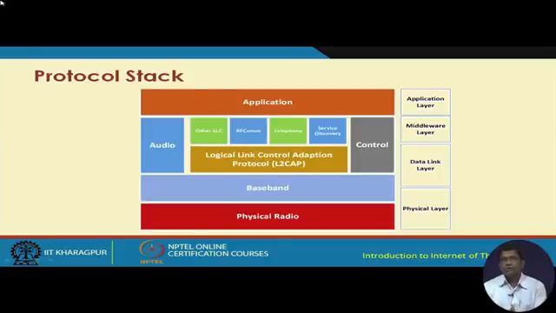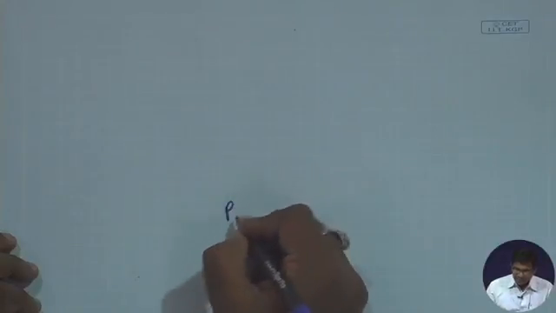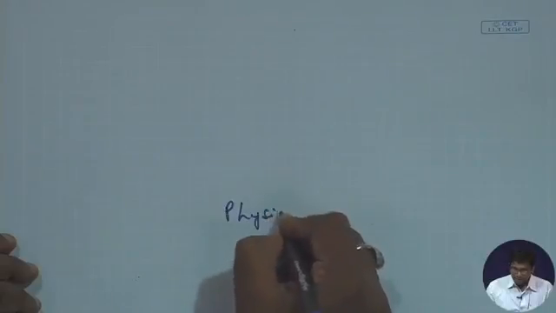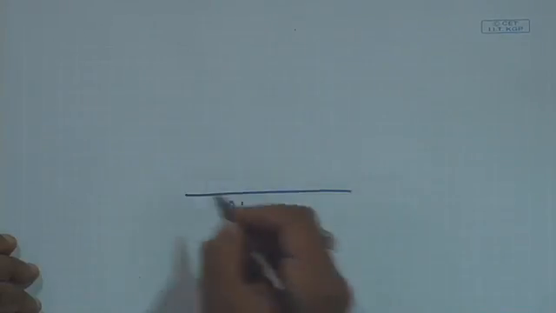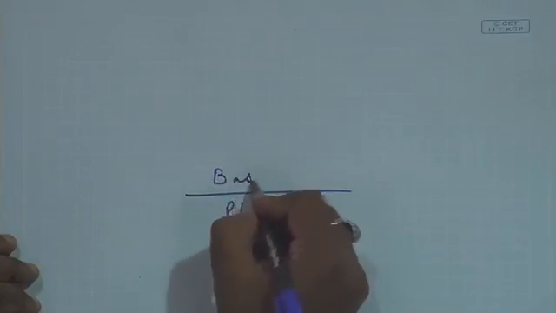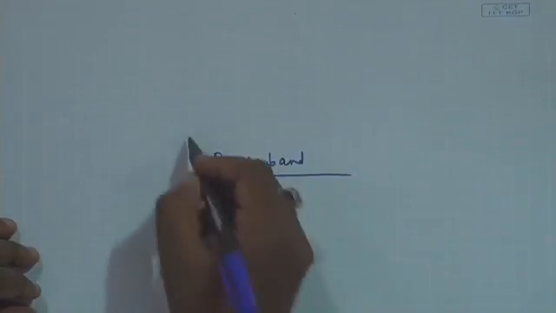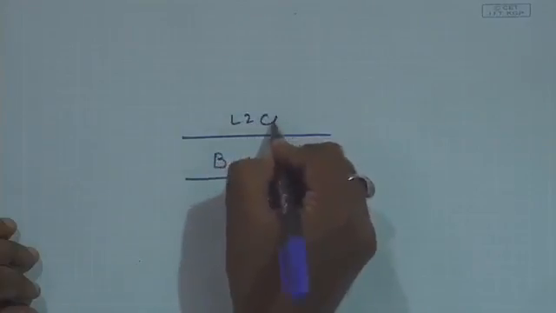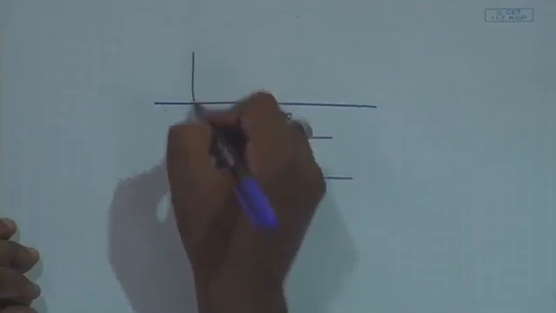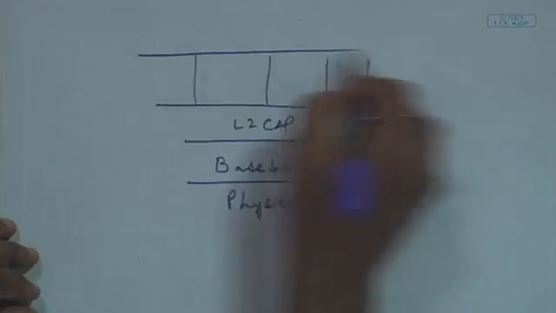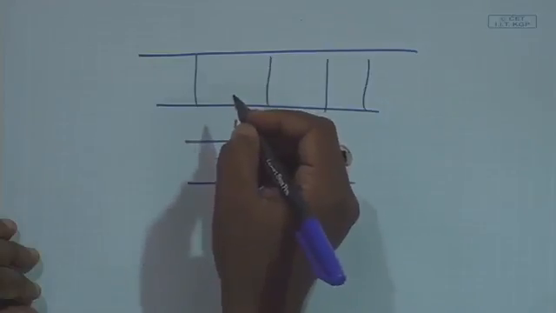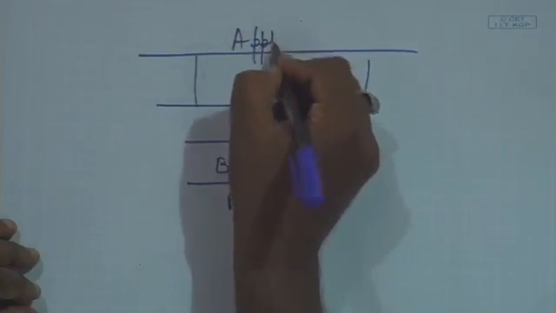So this is the protocol stack that I was talking to you about earlier. What we have is the physical layer, then the baseband layer, the L2CAP, and then some other layers and corresponding protocols supported in the top layers, and then we have the application layer.